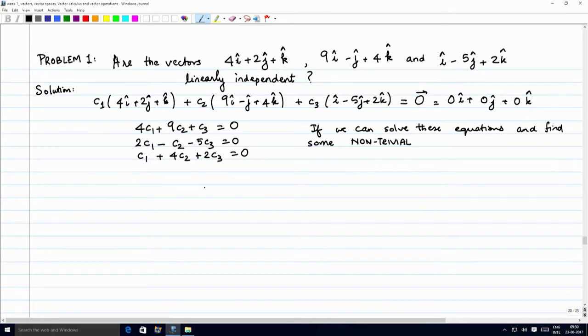So, if you look at these equations, C1, C2, C3 equal to 0 is trivially a trivial solution. So, if you find some non-trivial solution to C1, C2, C3, then the vectors are linearly dependent.